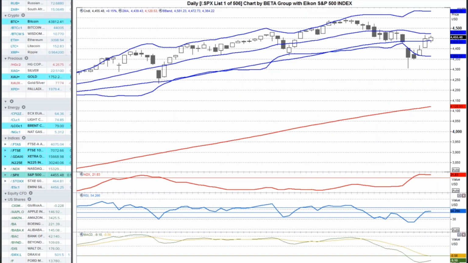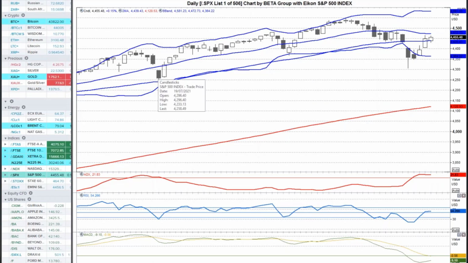We've got some resistance. It's not particularly heavy from above us here. The ADX, and don't forget the weekly MACD is negative, is at 20, so a downtrend developing is the message of that. The RSI is marginally bullish. The MACD is marginally bearish, and we've got light resistance above. We've got support, of course, at this spike low at 4,300.